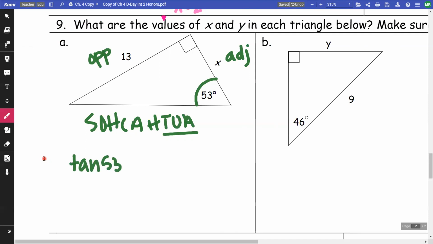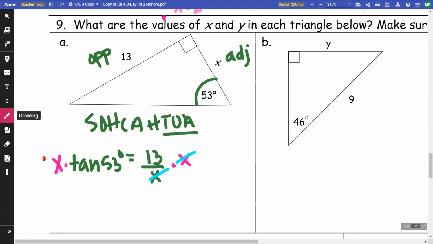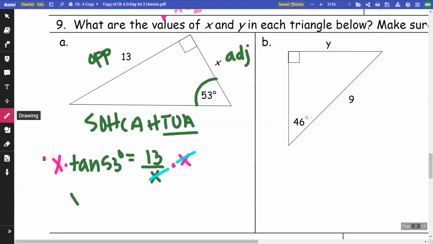Tangent of 53 degrees is equal to opposite, which is 13, over adjacent, which is x. I am going to multiply this side by x, multiply this side by x. When I do that, these x's here are going to cancel out. And I am going to end up with x times tangent of 53 degrees is equal to 13.